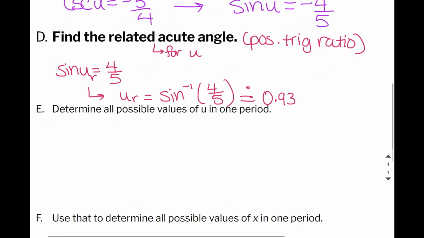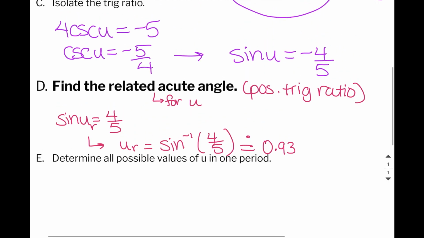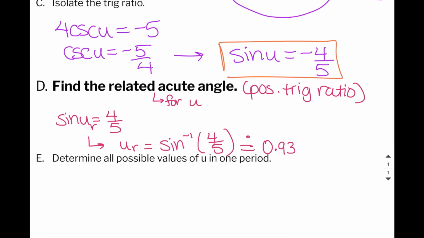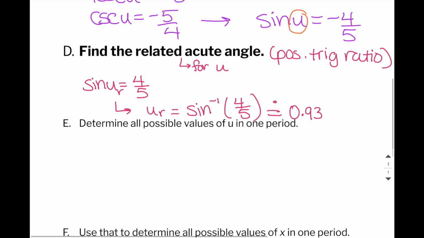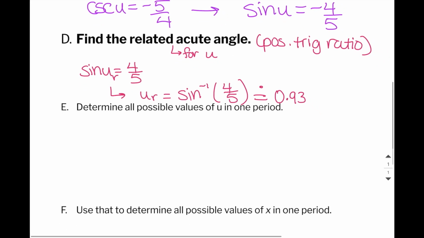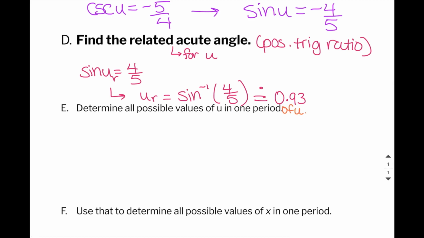Then it says to determine all possible values of u in one period. If you look right here, we got to a point where this says sine of u. So for u, our period is just 0 to 2 pi, because the k value is just 1, nothing's changing. So we're talking about one period of u, not one period of x.